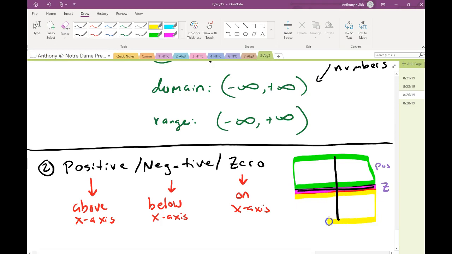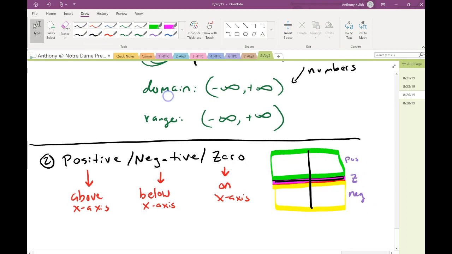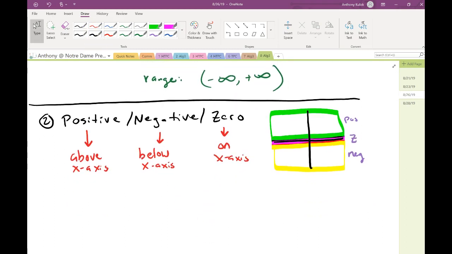And the stuff below my x-axis are my negatives. Everybody okay with that idea? To just kind of visualize what it is that we're discussing right now.